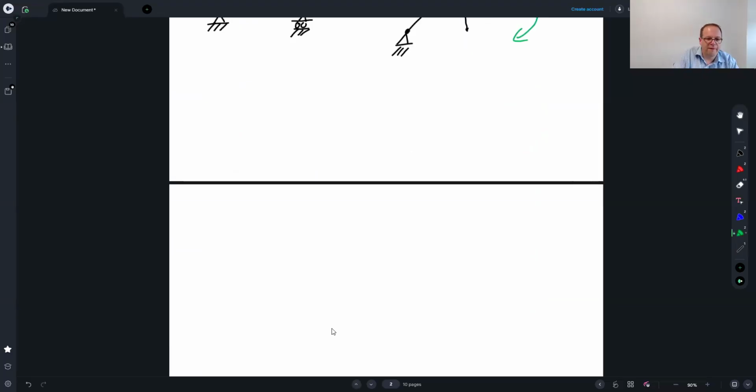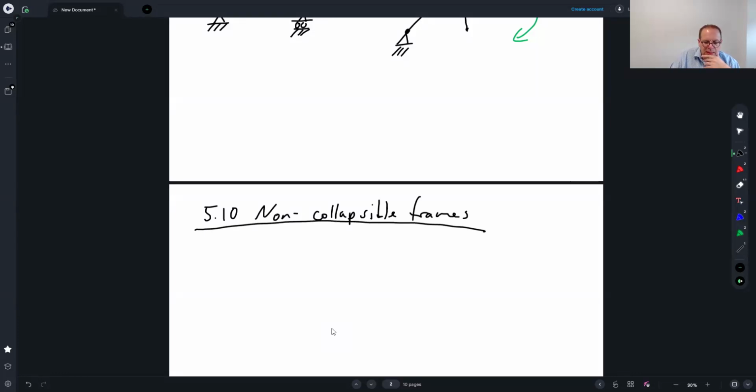And we'll say 5.10, non-collapsible two L frames.